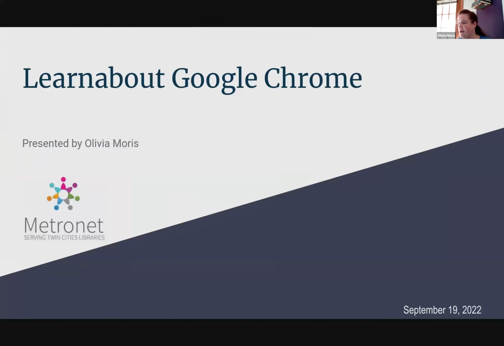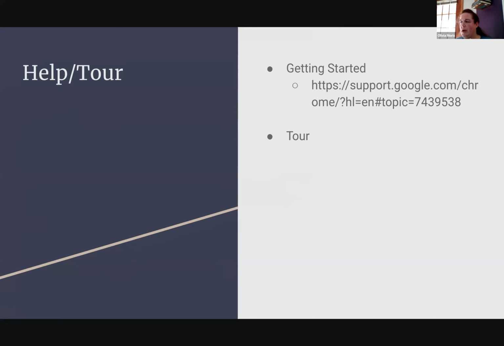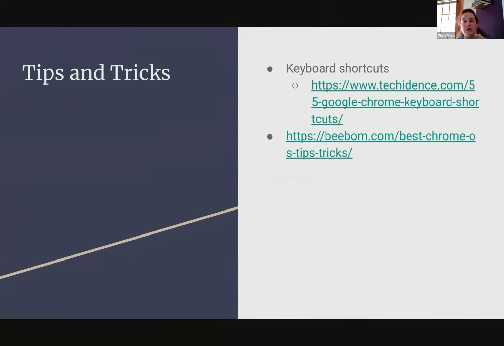I linked that in the chat feature. So today's session, I talked about us, talked about Chrome. There's a link in here to the Google help pages that I mentioned. Here's a link to the keyboard shortcuts. As I've talked about in, I think, every Learnabout I've done so far, I'm a huge fan of keyboard shortcuts, how to find information. So I always like to link to a good way to find key ones. These are specific to the Google Chrome browser, things that you can do to make it just a little easier if you'd rather, instead of sliding your mouse around and clicking 7 times to find something, just use a keyboard shortcut to get there. And then I also put a good tips and tricks one that I found on the internet. I looked at a bunch of them and I thought this one really represented the best.